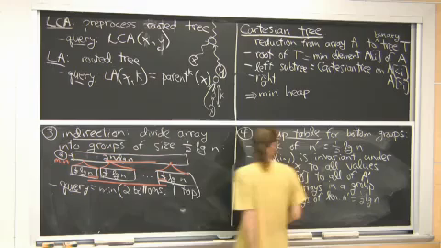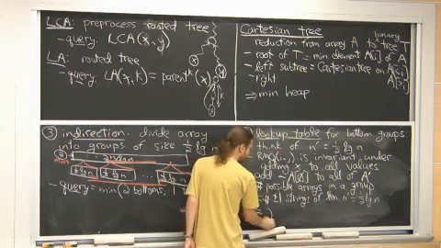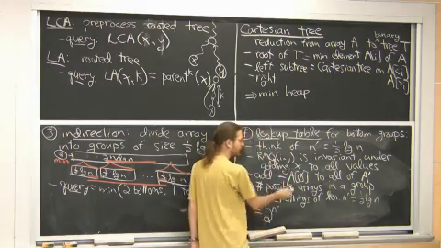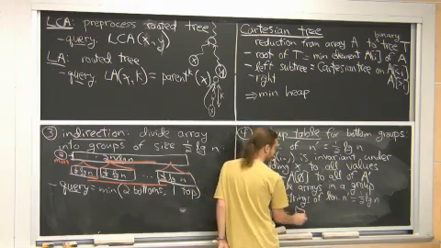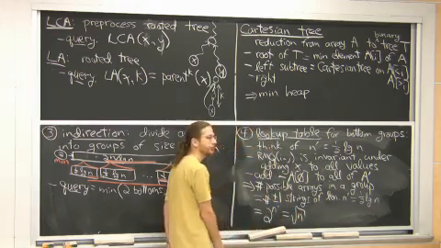And the number of plus or minus 1 strings of length n prime is 2 to the n prime. So we get 2 to the half log n, also known as square root of n. Square root of n is small.